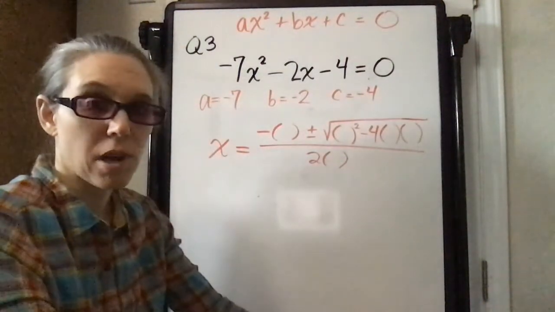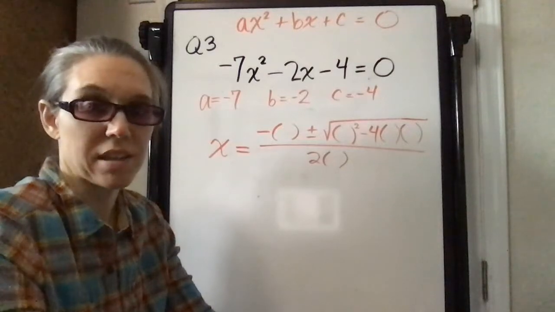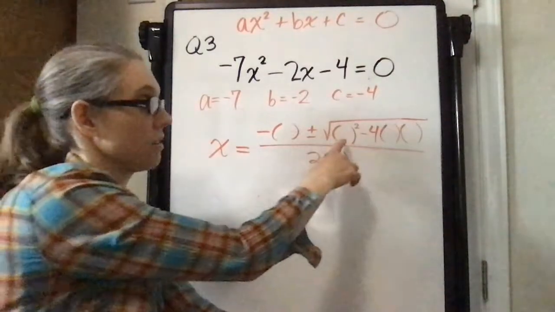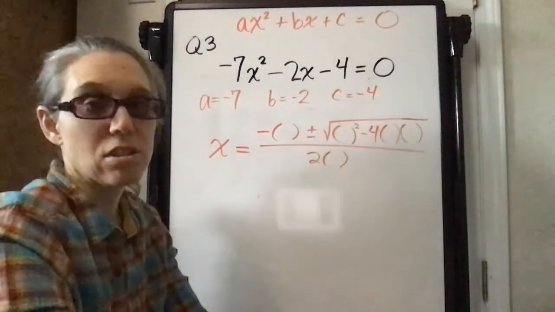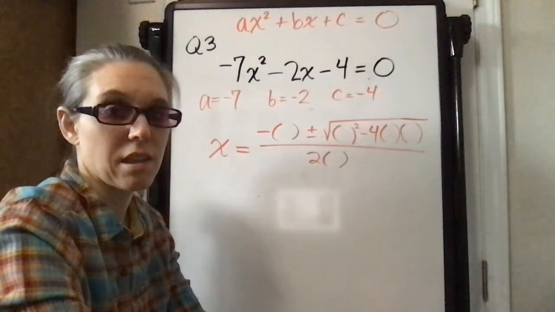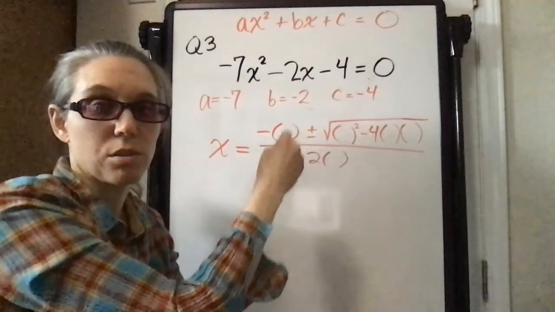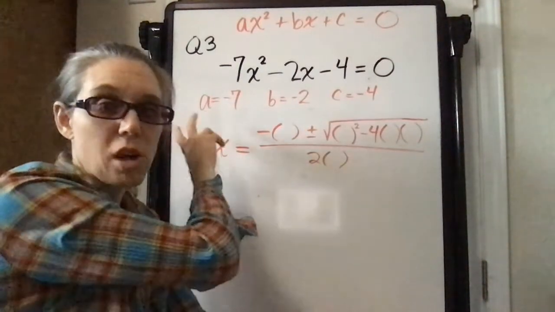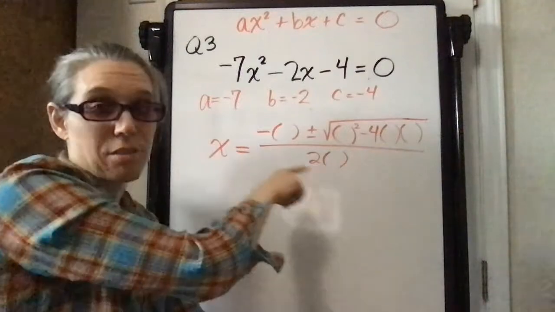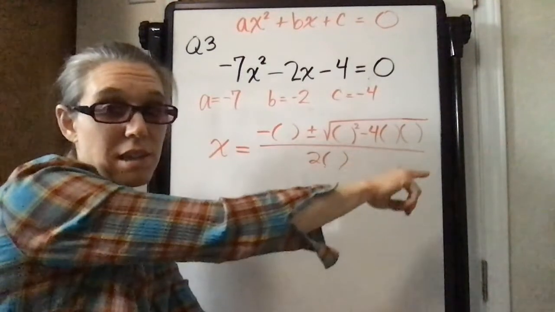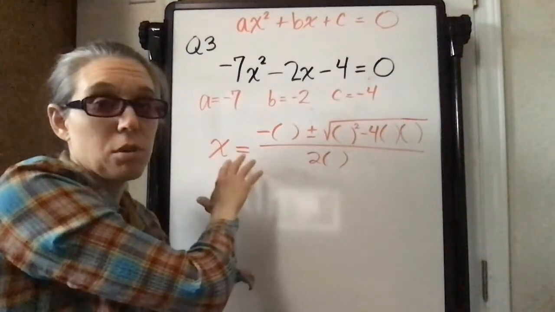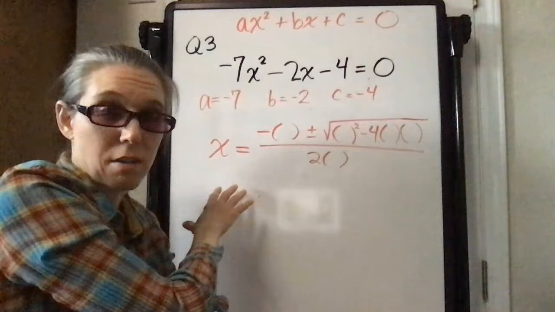So instead of writing those letters a, b, and c, I put parentheses down. And each of these parentheses are then going to receive the values for a, b, and c. But if you write out your formula like this every time, with the parentheses, this setup right here will keep you using the correct notation, okay?